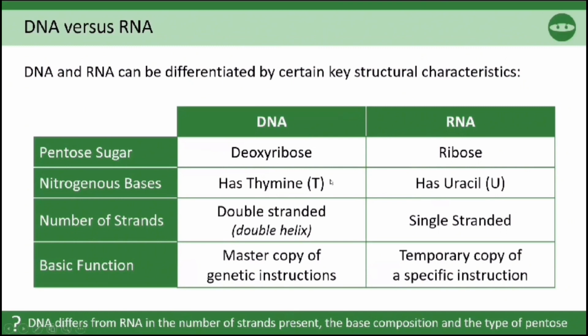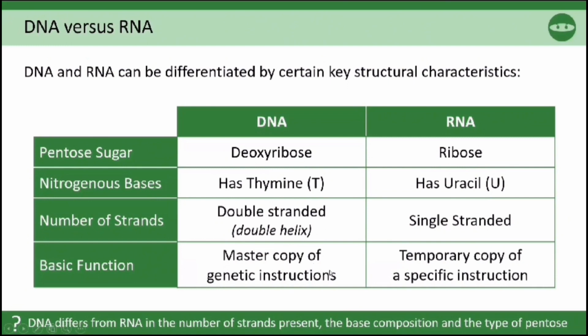For nitrogenous bases, we have thymine for DNA, which is present in DNA only, but not in RNA. For RNA, there is uracil, which is present in RNA only, but not in DNA. DNA is double-stranded and called a double helix, while RNA is single-stranded. What is the basic function of DNA?